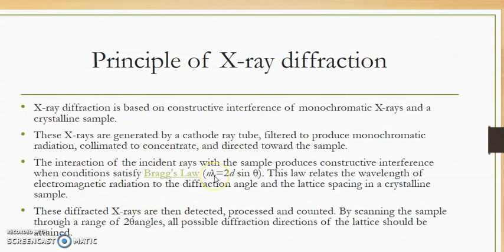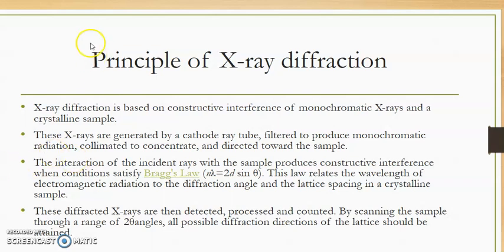We know what Bragg's law is: n lambda is equal to 2d sine theta. This law relates the wavelength of electromagnetic radiation to the diffraction angle and the lattice spacing in the crystalline sample. We know all this as we have learned these principles earlier.